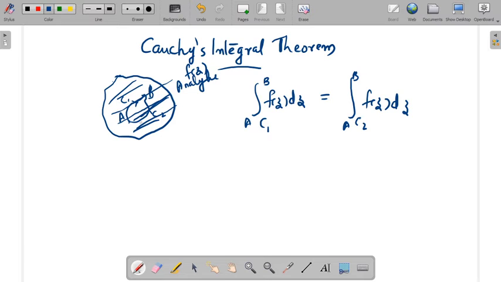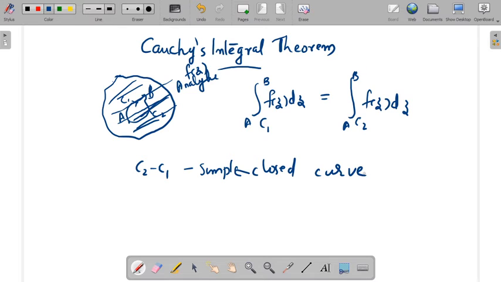If you take the curve C2, which is from A to B, and reverse C1, that is, we take minus C1, the direction will be reversed. Minus C1 will be from B to A. So if you take C2 minus C1, it is a simple closed curve, right?